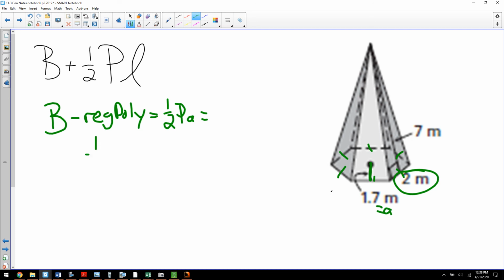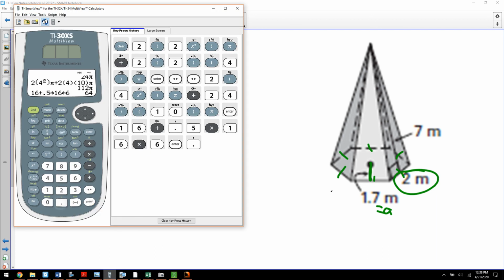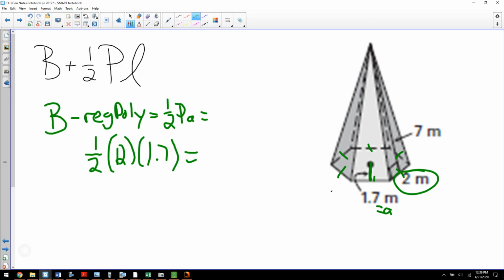So we have 1/2 times 6 sides of 2, which is 12, times the 1.7. Put that together, 1/2 times 12 times 1.7. We get 10.2. So our big B in this case is 10.2.